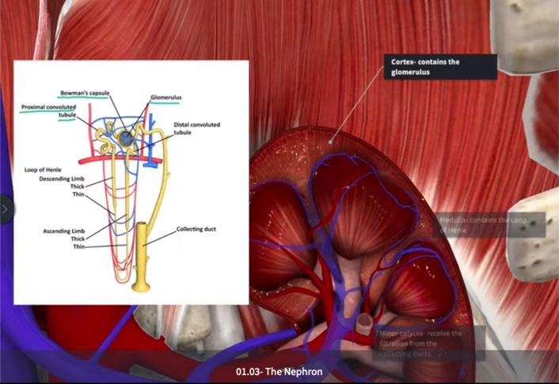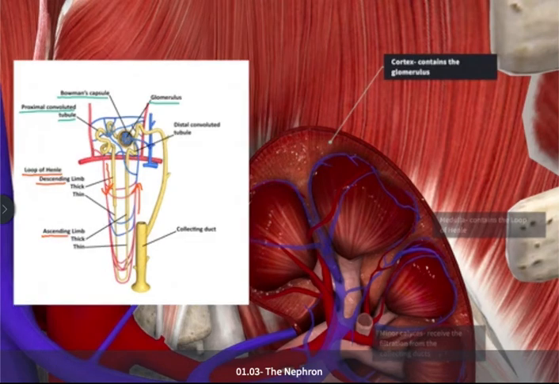As we continue along the path of where that filtrate is going to travel, it's going to come down into the medullary tissue in a structure known as the loop of Henle. The loop of Henle is going to consist of two different portions, a descending limb and an ascending limb. As its name would imply, the descending limb is going to be the portion diving down into the tissue, while the ascending limb is coming back up out of that tissue.